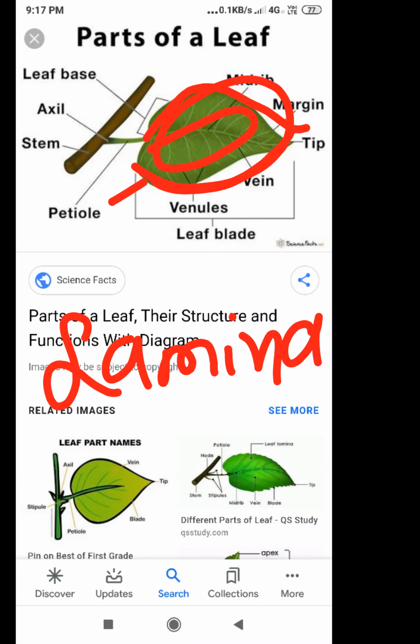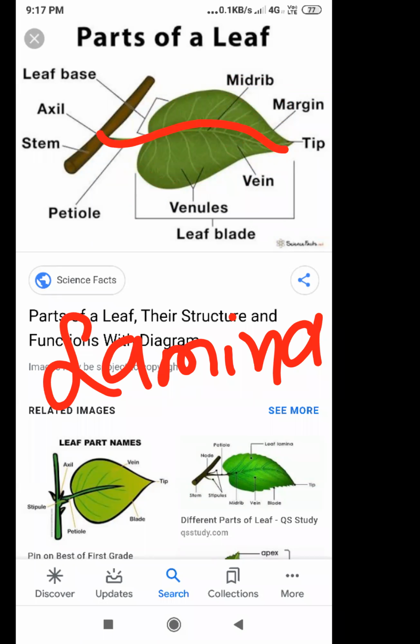Next, the central line which is coming across the leaf, we call it the midrib.